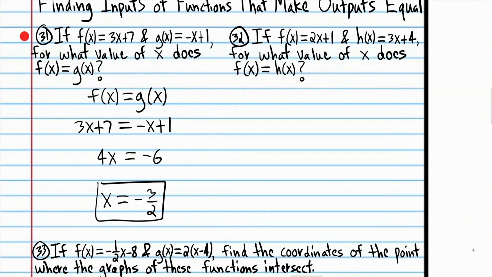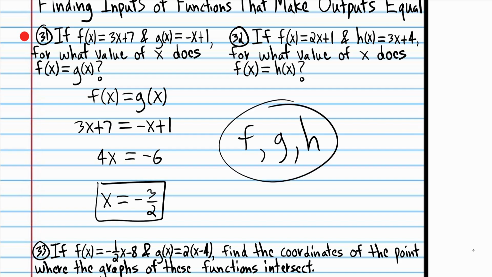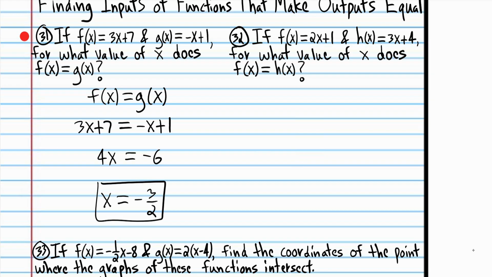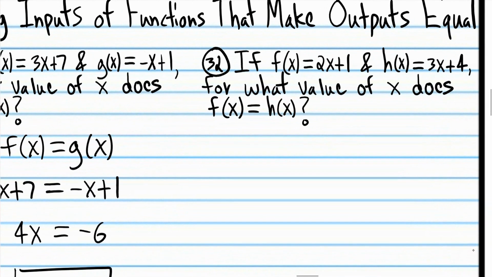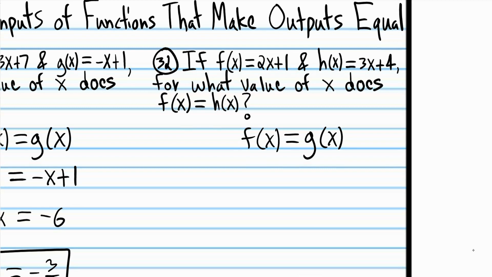Okay, let's try another one of these. If f of x is equal to 2x plus 1 and h of x is equal to 3x plus 4, for what value of x does f of x equal h of x? Now notice that we're using f, g, and h. Those are the most common letters we use for functions. So we want f of x to be equal to h of x.